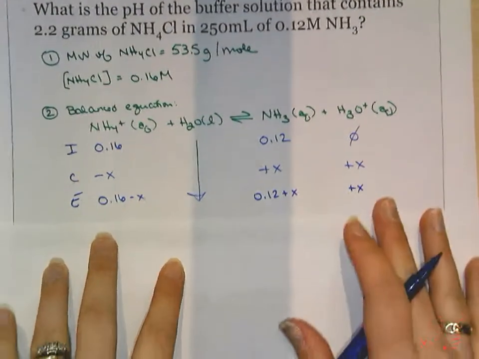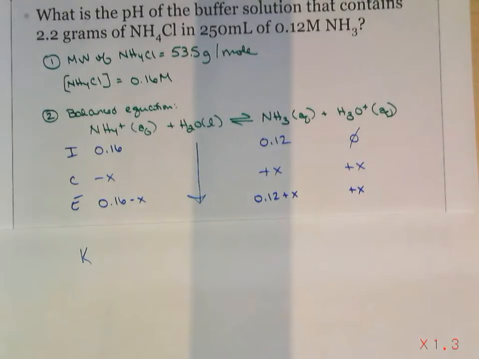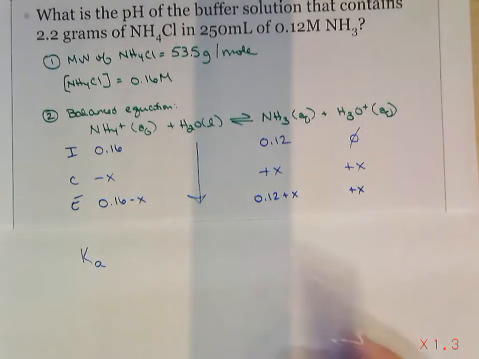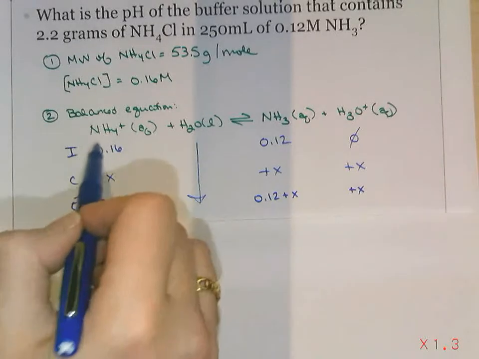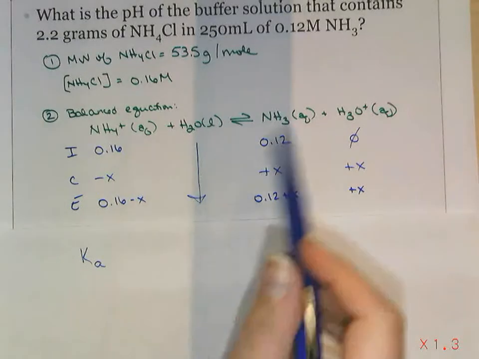So now we're ready to write. Do I want to write a Ka expression or a Kb expression? What's my original reactant? An acid, so we're going to write a Ka. How do you determine that again? Because the acid is the reactant. If I wanted to flip it over, it's reactants over products.